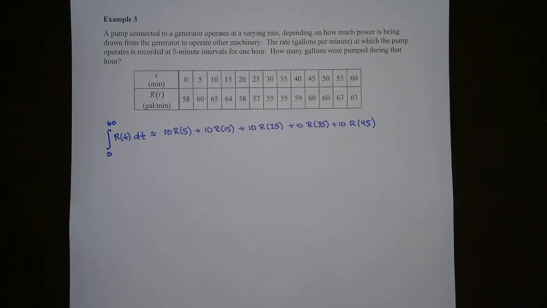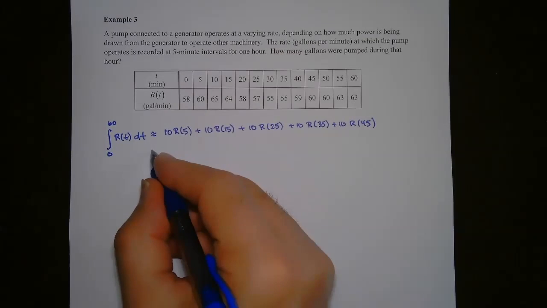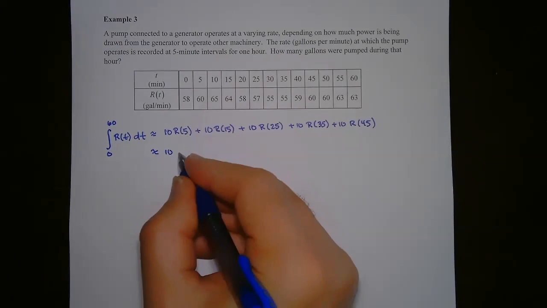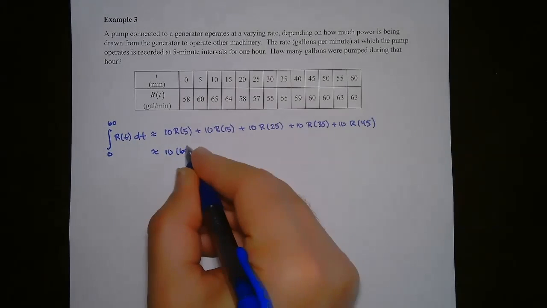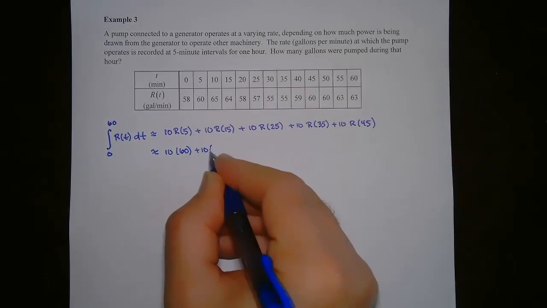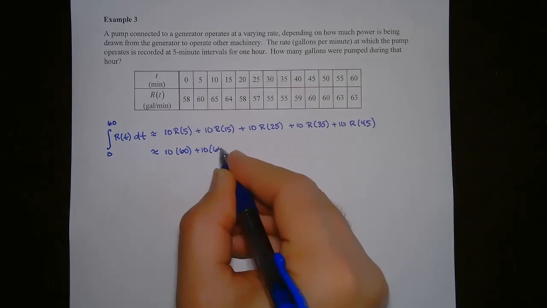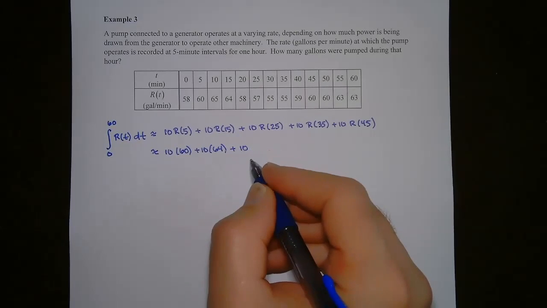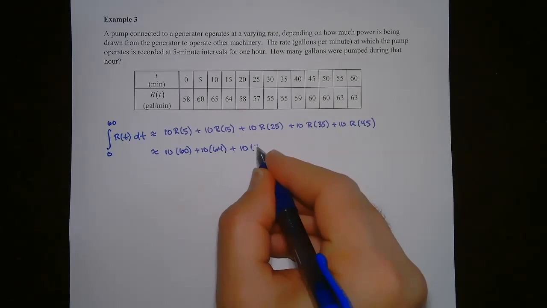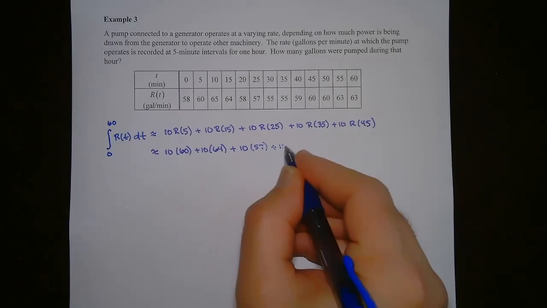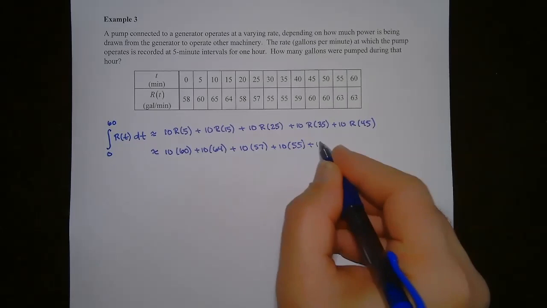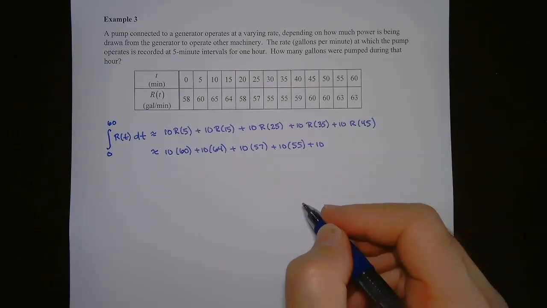Now, this is the one that's the minimum, the least amount of work, okay? All right, so this would be 10 times R of 5, which is 60, plus 10 times R of 15, which is 64, plus 10 times R of 25, and R of 25 is 57, plus 10 times R of 35, and that'd be 55, plus 10 times R of 45, which is 60.